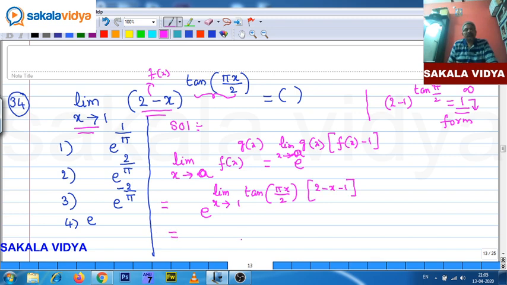So this equals e to the power of limit x tends to 1 of (1 minus x) by the cot of pi x by 2, since 1 by tan is cot.